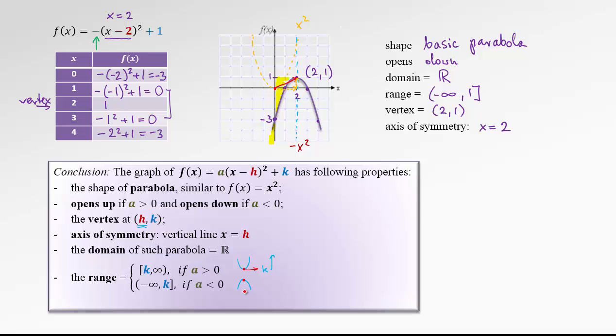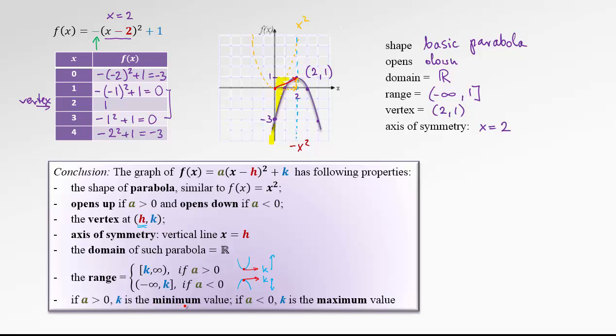So the range will be from minus infinity until the y-coordinate of the vertex, which is k again. So it's from minus infinity until k, like this. Therefore, we record the range from minus infinity till k, including k. K is always taken because that's the vertex value assumed by the function.